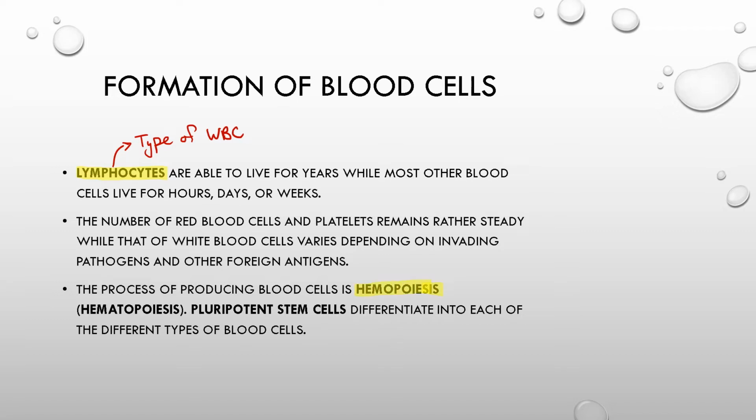Now, red bone marrow is a very highly vascularized connective tissue located in the microscopic spaces between the trabeculae of spongy bone. And some red bone marrow cells are called pluripotent stem cells. So these are found within red bone marrow.